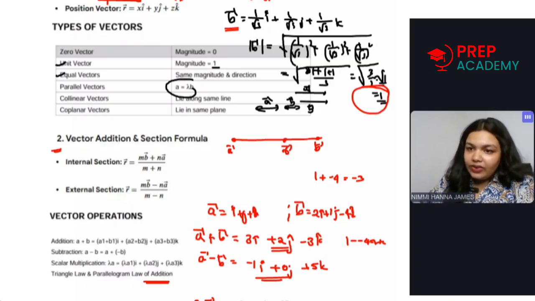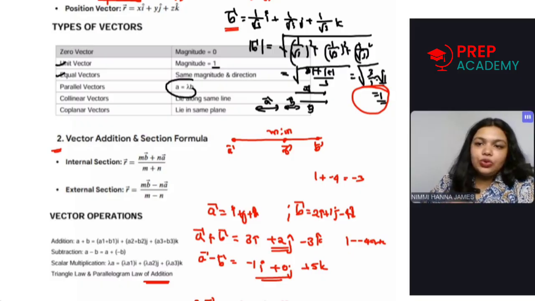This R vector cuts the line in the ratio m is to n. There we are asked to find the position vector of R vector such that the line AB is cut in the ratio m is to n, then we use this ratio.